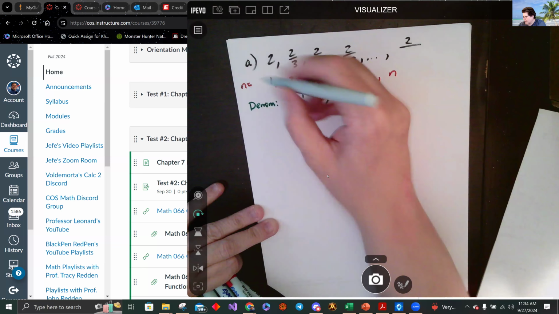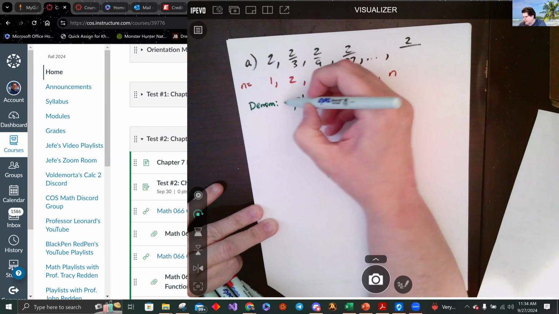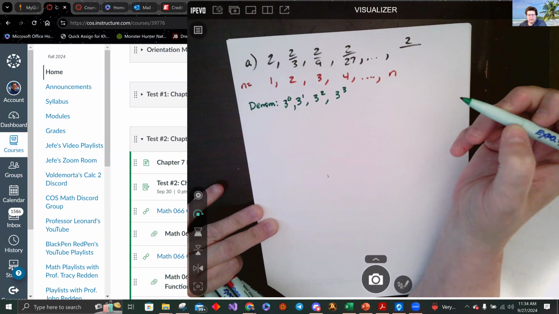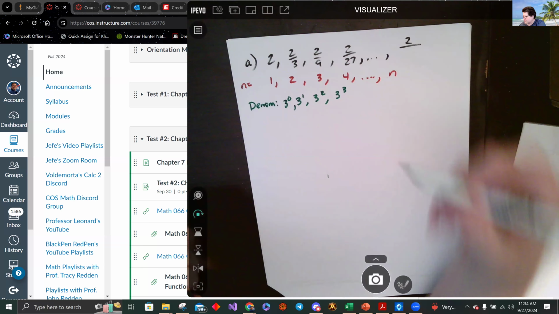If I wanted to apply this pattern to n equals 1, I could, if I said the denominator was 3 to the 0, because that would give me a 1, and 2 over 1 is just 2.